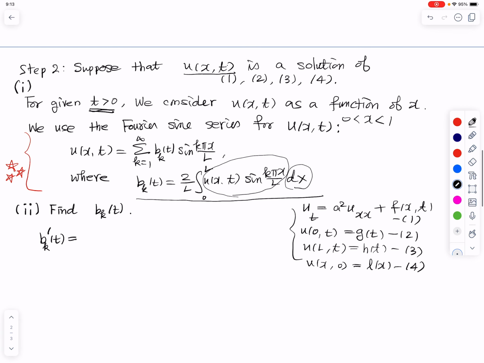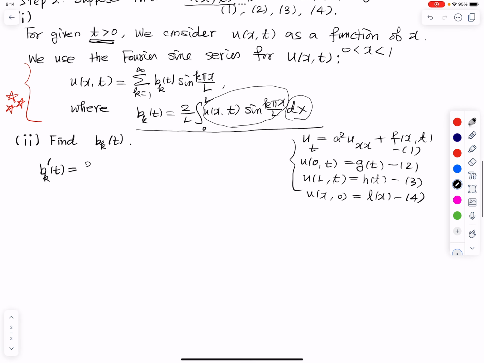Then you will immediately get that your derivative is the integral from 0 to L of partial u partial t of (x,t) times sine(k pi x divided by L) dx. So that's what I have, right?